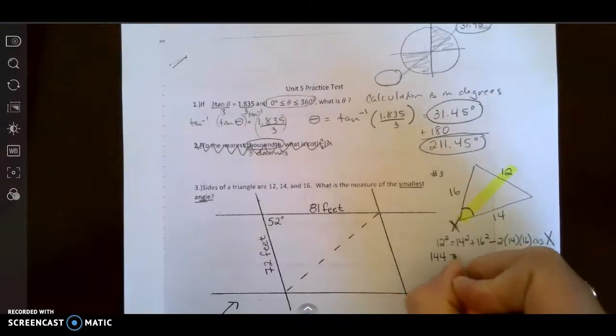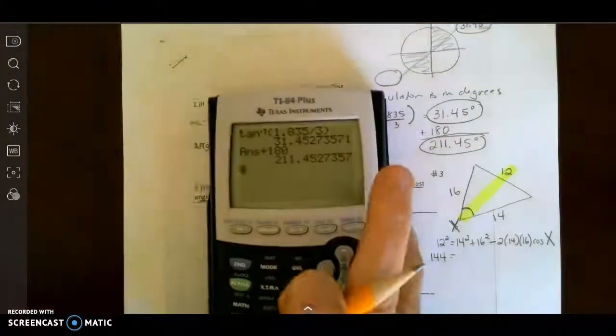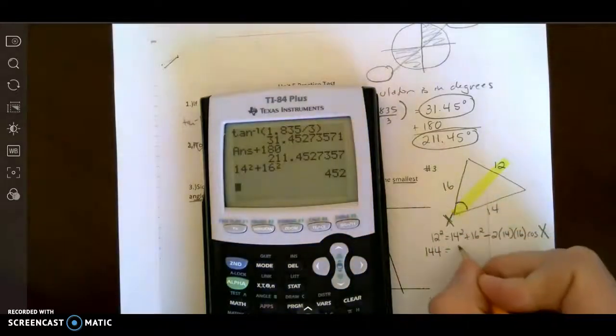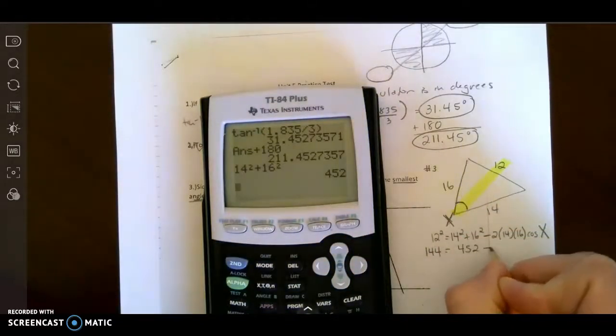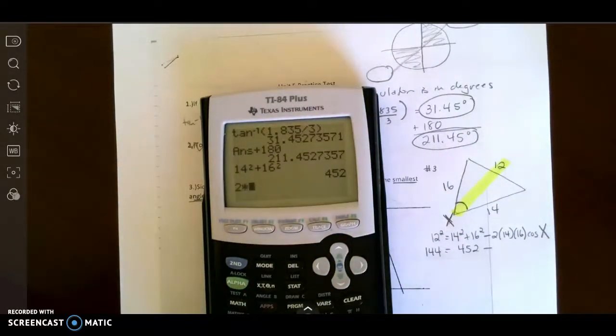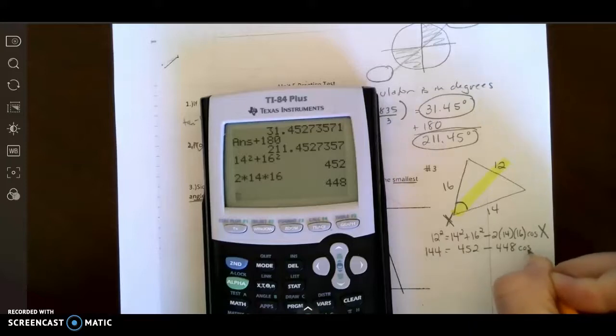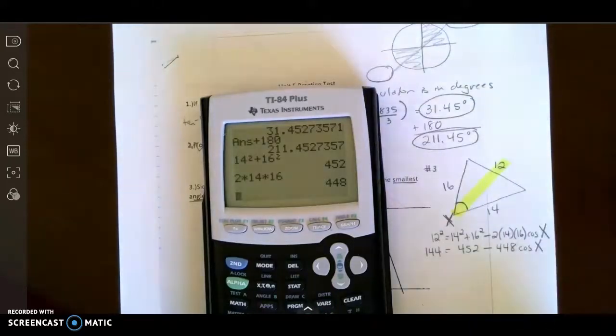That's 144 equals, so my 14 squared plus 16 squared. And I get 452 minus 2 times 14 times 16. It's 448 cosine of x.